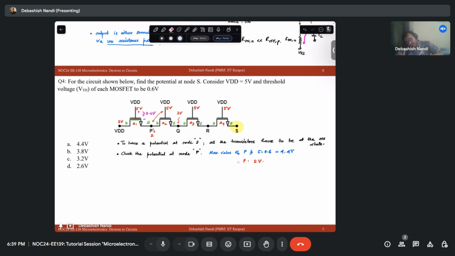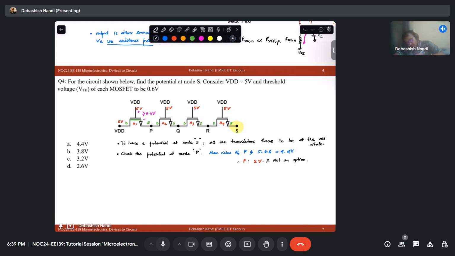So what the transistor will do, by our logic, this is not an option, and my P node will assume the maximum potential that can be allowed to sustain the current flow or the transistors to be on.